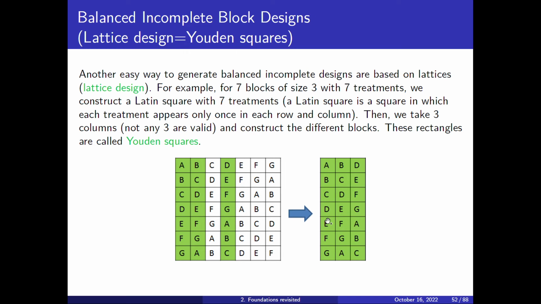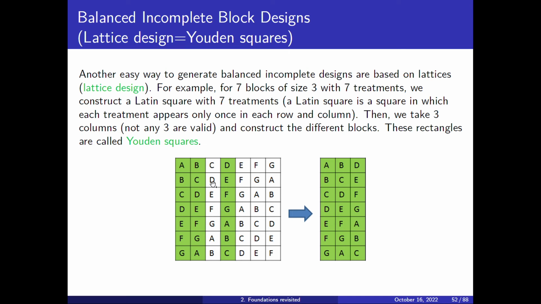And another possibility is to use what are called Youden squares. So let's say that you have 7 treatments and you need to construct blocks of size 3. So you construct a Latin square. A Latin square is like a Sudoku in which in each one of the columns and rows the treatments appear only once. So A appears only once in this row and only once in this column, and the same for all treatments.